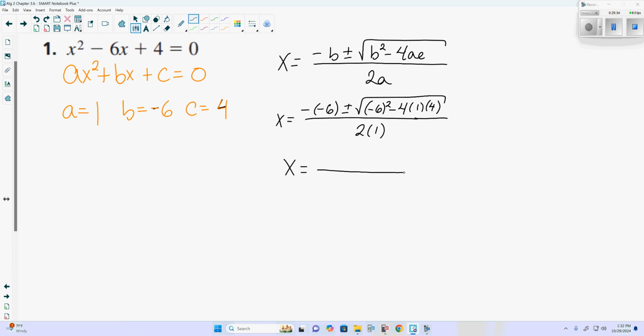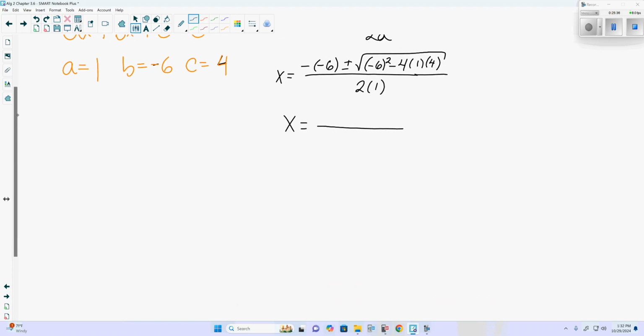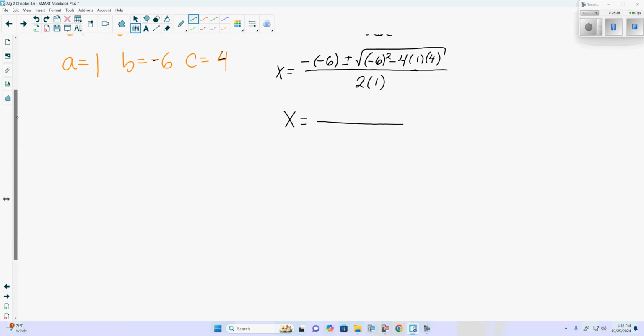And I will show you here the step-by-step way of how this works. As we look at the first part here, negative, negative 6. The negative and negative would make a positive. The denominator, 2 times 1 is 2.